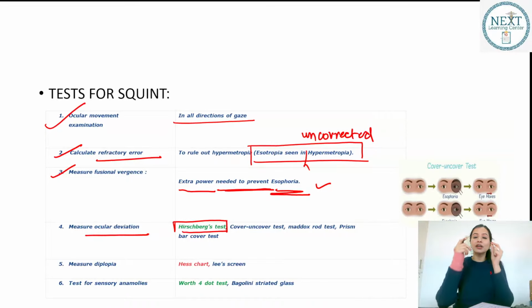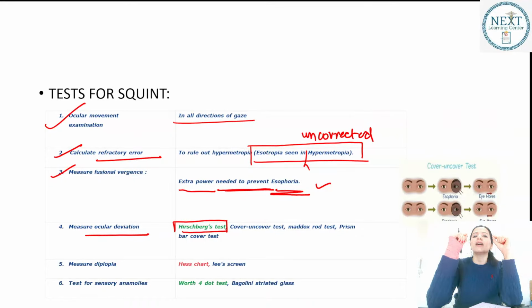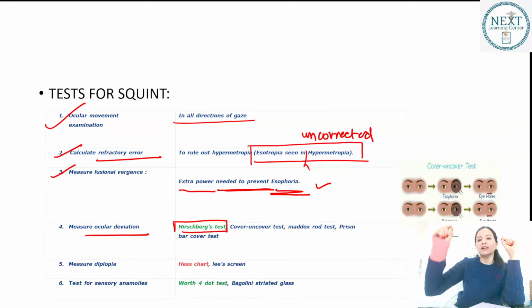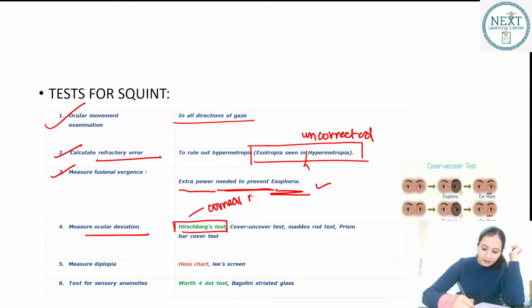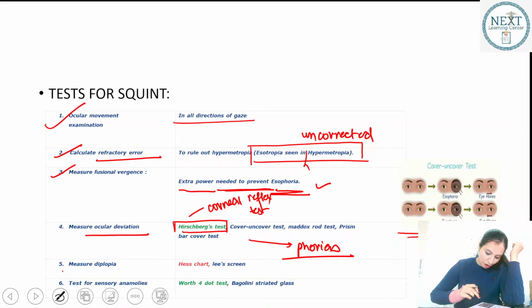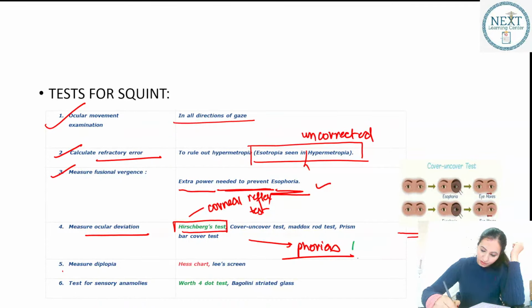Ideally the corneal reflex should be in the center in both eyes, but when the eyeball is deviated outward or inward, there will be deviation of the corneal reflex. So this is a corneal reflex test. Then this is your cover uncover test. What is it used to look for? This is used to look for phorias, and this is your previous year question.